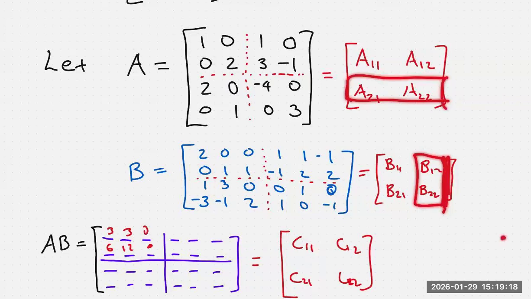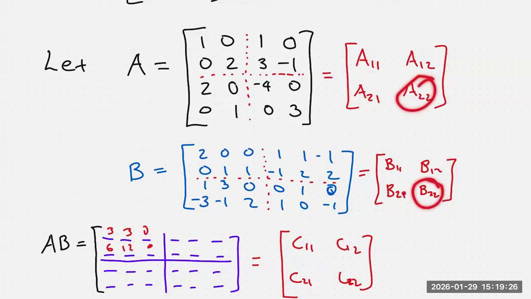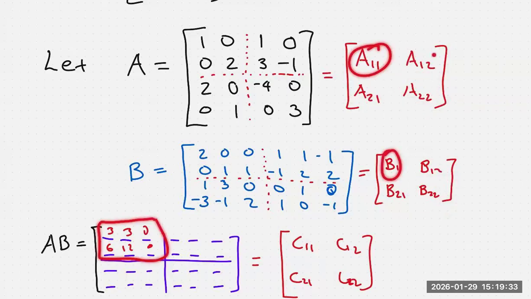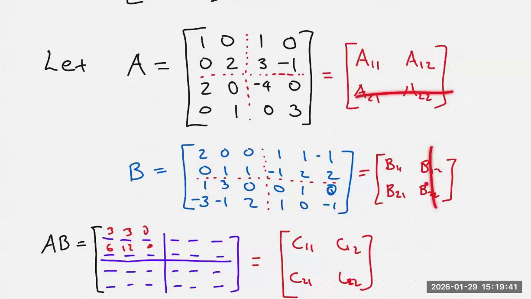Each of them needs the entire row and the entire column, not just the last one. Because if you do that, you're making the same mistake as with A11, B11. You have to include A12 and B21 as well. So it's the entire row by the entire column to get C22. Get it?